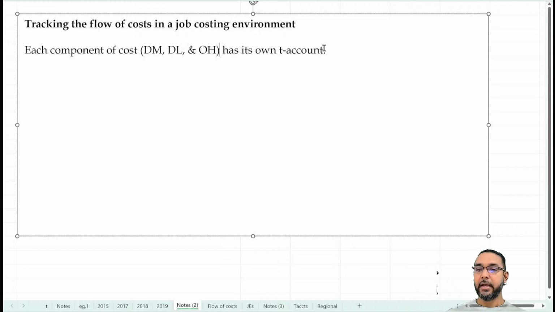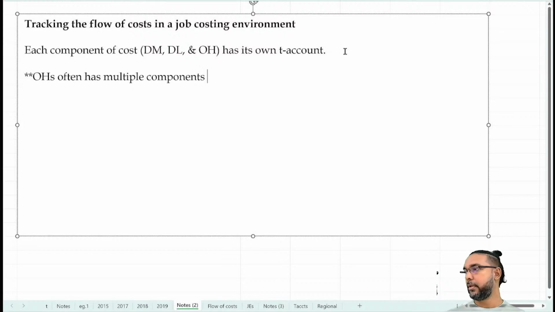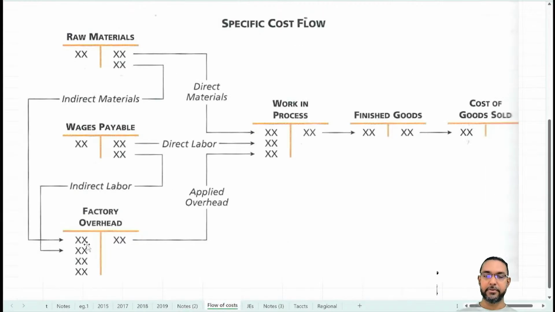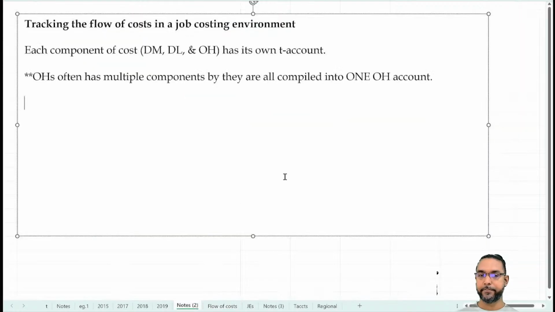We just saw that, with the exception that overheads often have multiple components, but they are all compiled into one overhead account. When you see OH, some people like to put O/H, but I save a little time by not putting the slash. As you could have seen, when we were talking about the debits, that was the overhead account there.